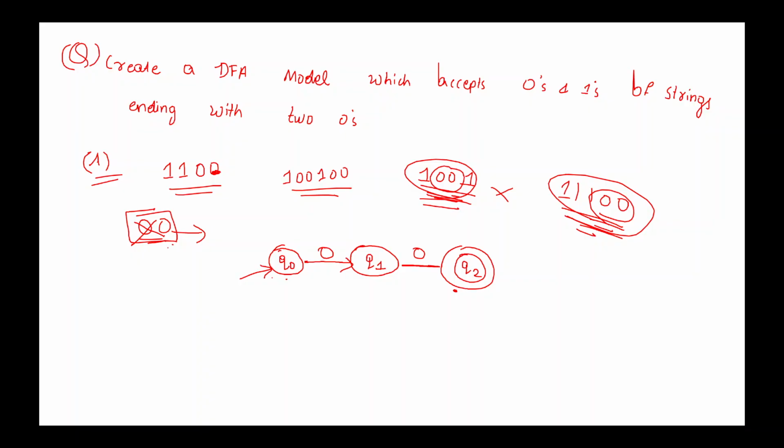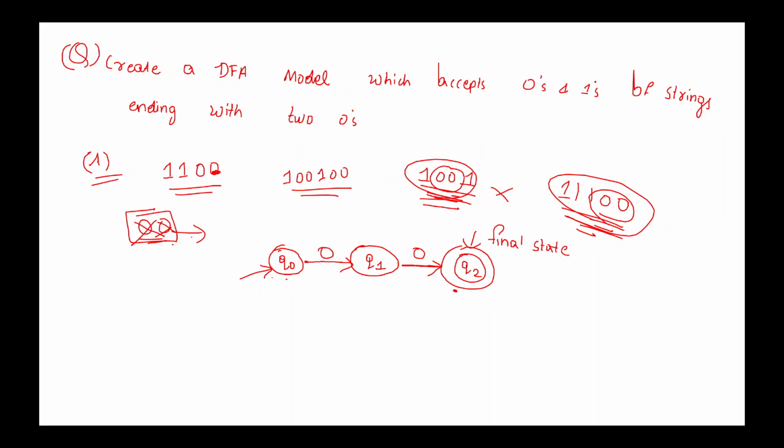Now I have one more 0, and this 0 is received by Q1, because previously when Q0 received a 0 we ended up at Q1. So when Q1 receives the second 0, we move to Q2. Now we have ended at the final state, and our string is also completed. So we say this string can be accepted.